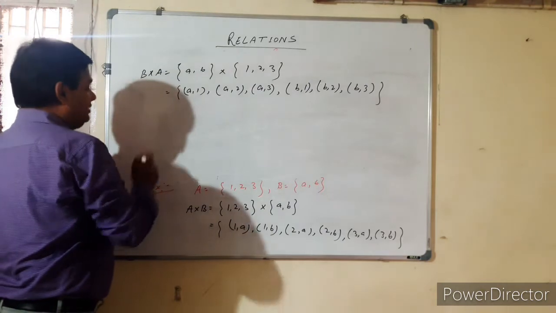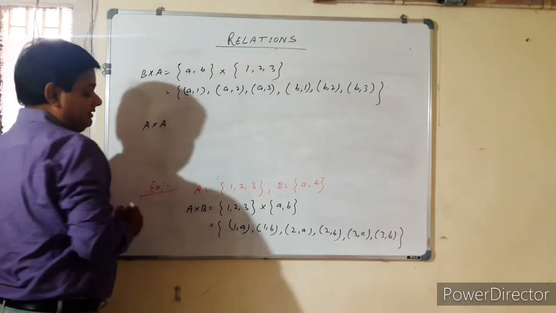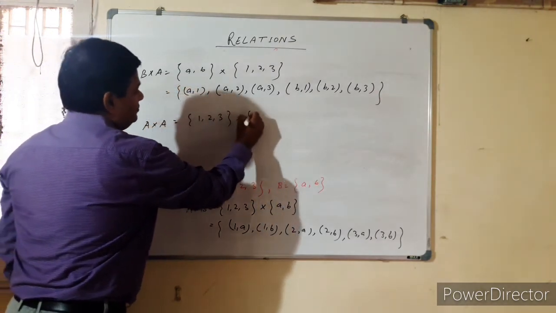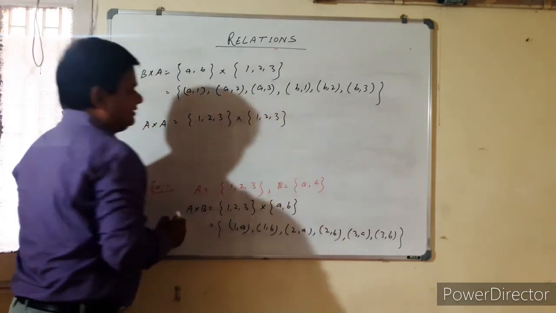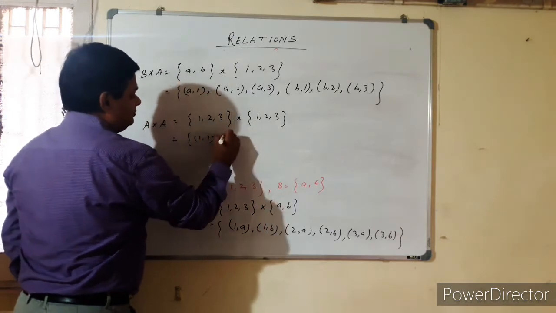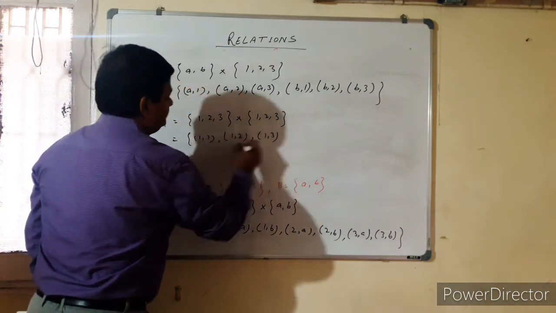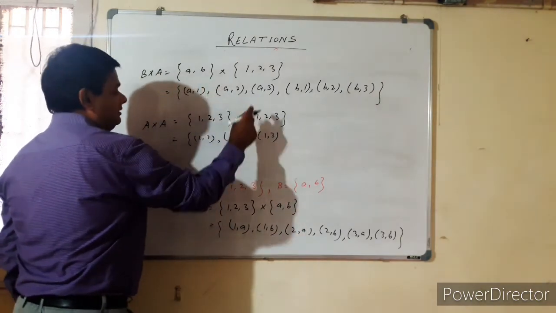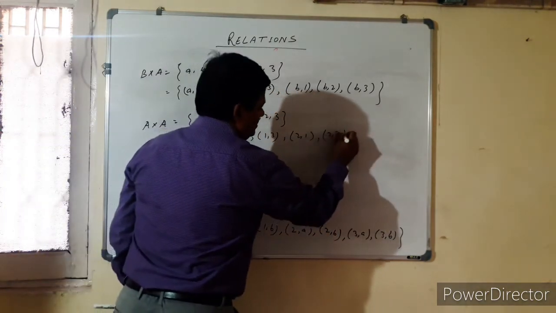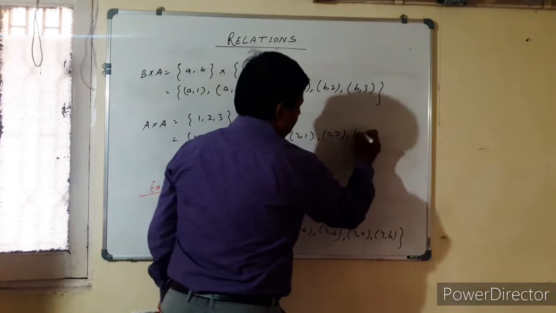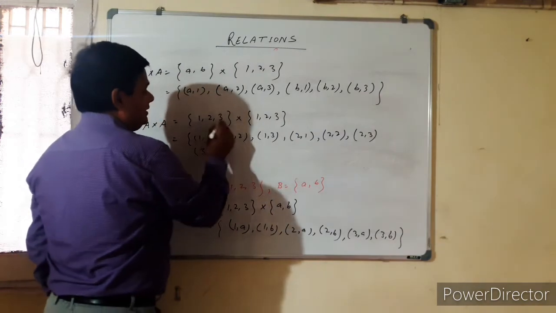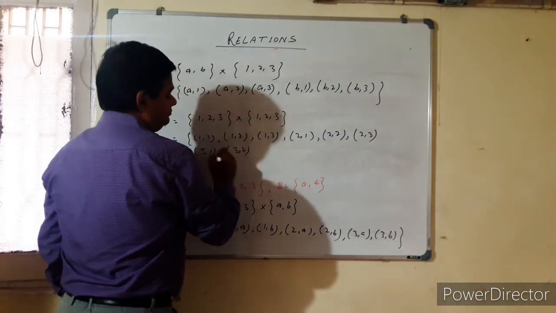Suppose you want to find A cross A. Then with 1, 2, 3 and 1, 2, 3 we get (1, 1), (1, 2), (1, 3), then (2, 1), (2, 2), (2, 3), then (3, 1), (3, 2), (3, 3).